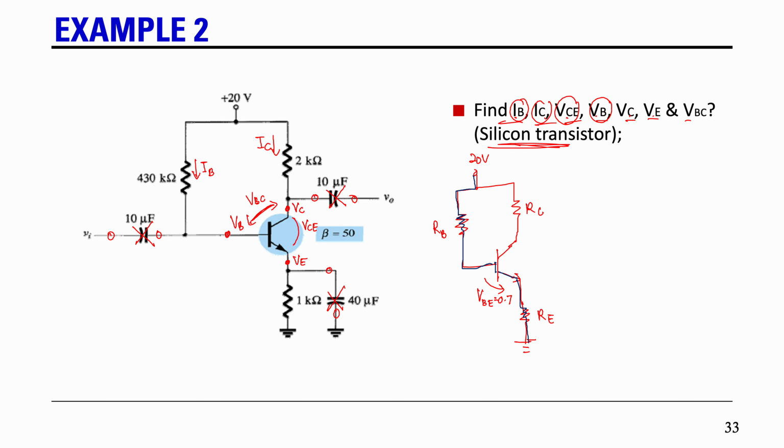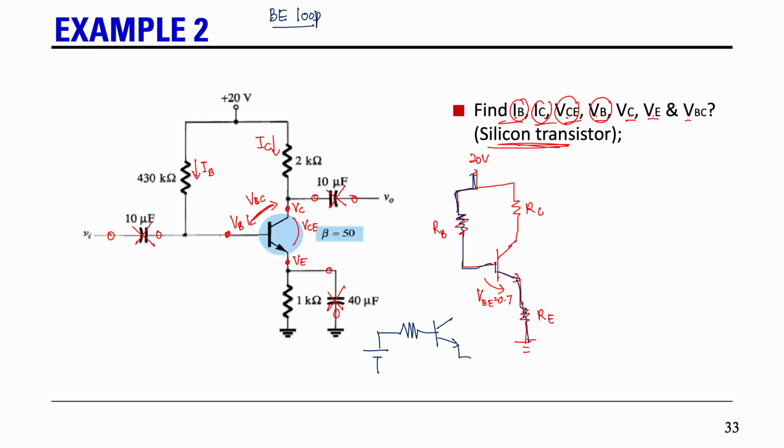Based on the VBE loop, we can do the KVL. Another way, which I didn't mention just now: if you find it difficult to apply KVL on this, you can always draw another circuit, which will be easier for you.